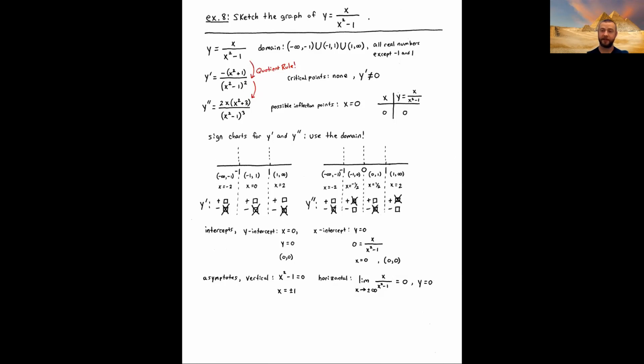If we take a limit as x approaches positive infinity and a limit as x approaches negative infinity for that function, x divided by x squared minus 1, you should find that you get a horizontal asymptote, which is the limit at infinity of 0. So we find y equals 0 as our horizontal asymptote.